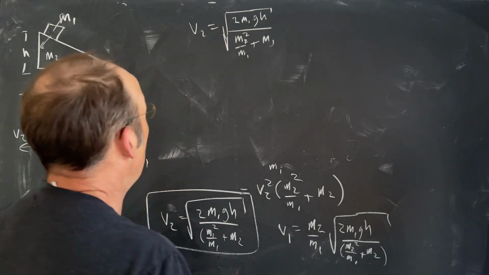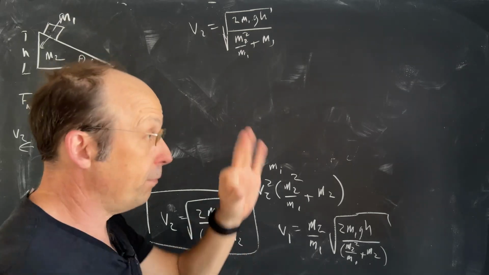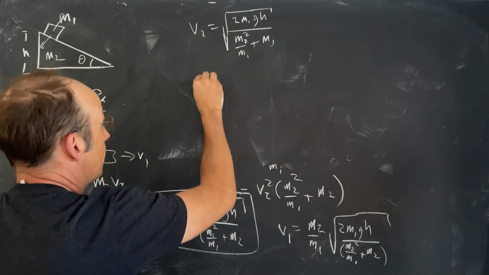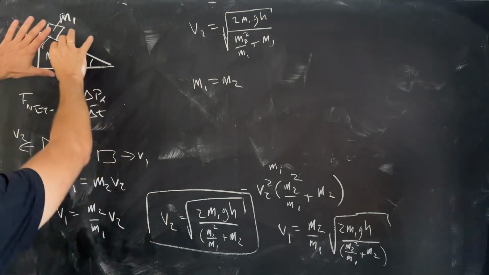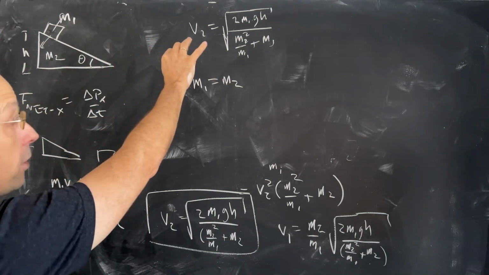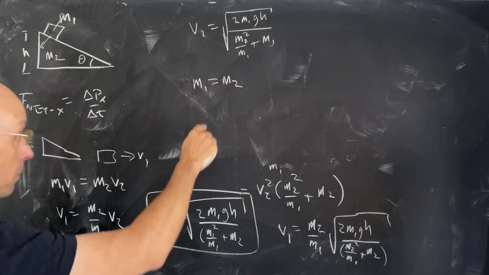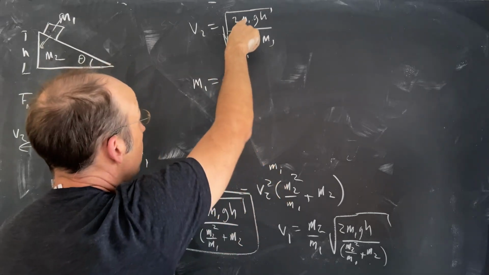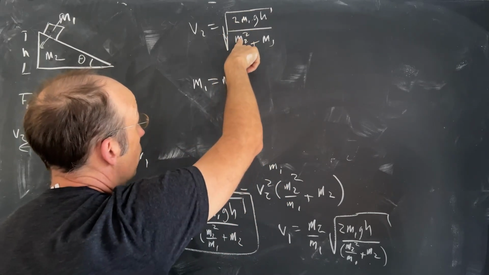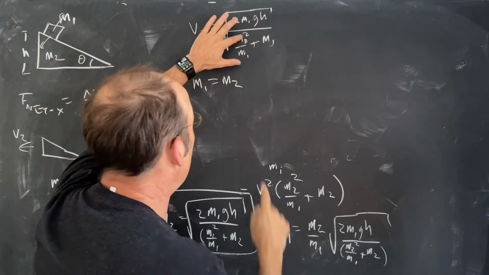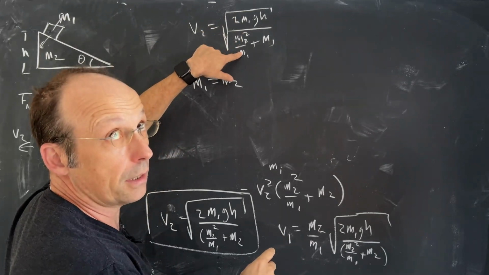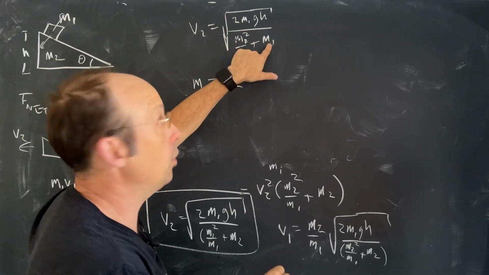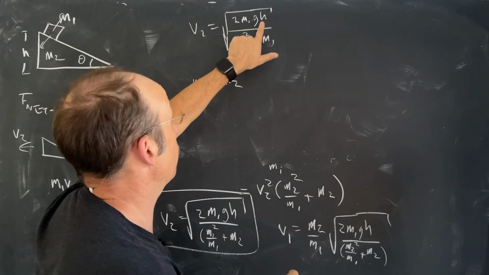Okay. Now we have 3 special cases. What if m1 equals m2? If they're the same mass, then at the end, according to conservation of momentum, they have to have the same velocities. So if I put in m1 is m2, then this is going to be m squared over m, which is just m, plus m, which is 2m, and that cancels, so I get 2gh.